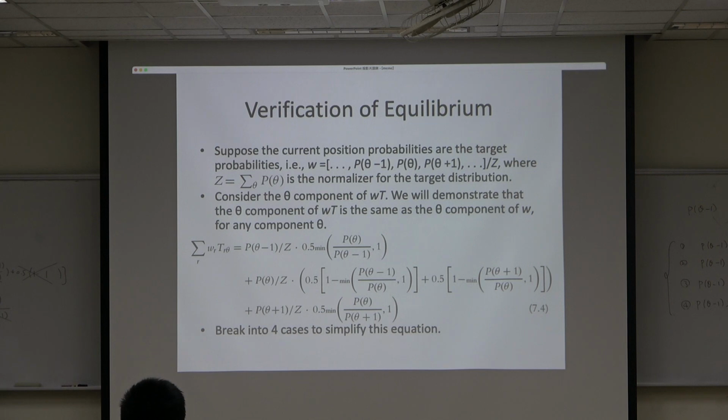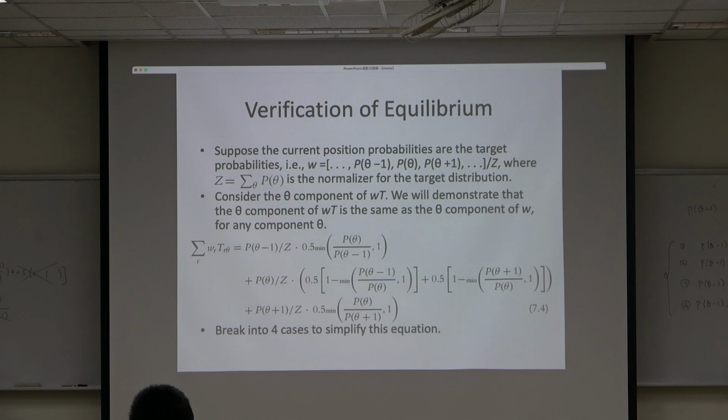0.5. Okay, there. So once you get these two out of the equation, the first one has a p theta minus 1, okay? And the second one, you get this one out, you get this one out.